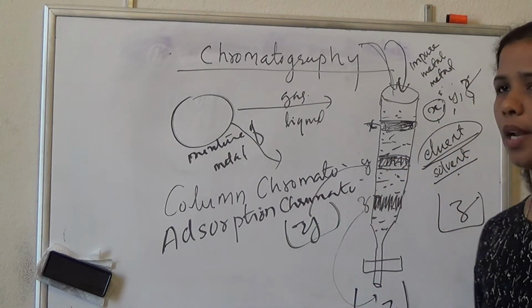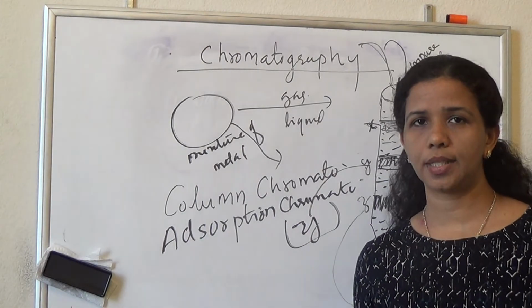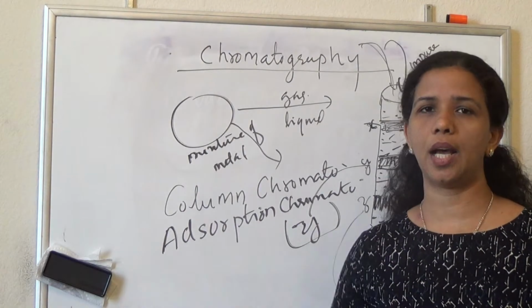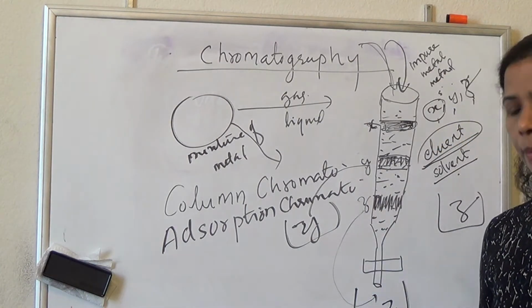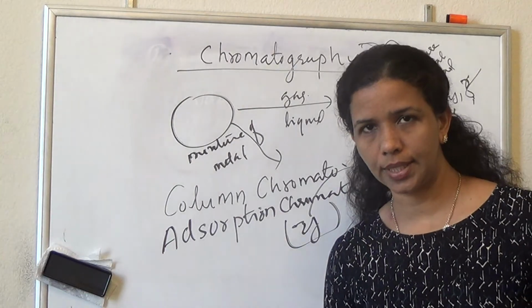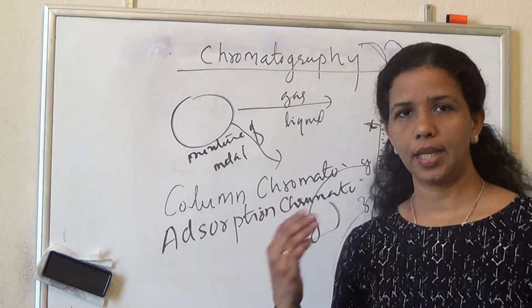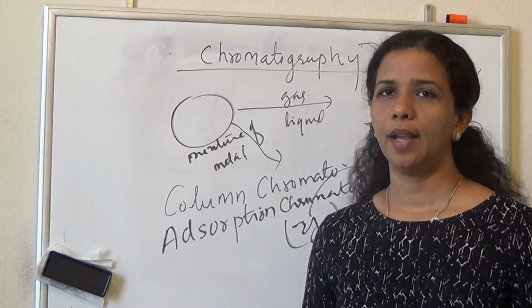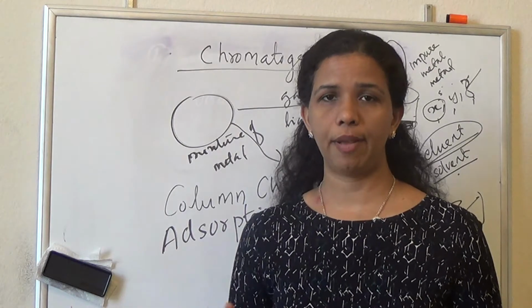This chromatographic technique is usually used for the metals which cannot be separated by the other methods we already discussed. So, these are the methods we can use for the purification of metal. First one is distillation, second is liquation, then electrolytic refining, then zone refining, then vapor phase refining.